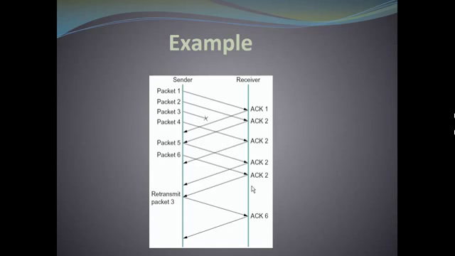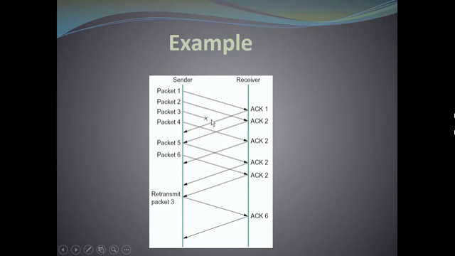Here in the figure we can see how duplicate acknowledgements lead to a fast retransmit. In this example, the destination receives packet 1 and packet 2, but packet 3 is lost in the network.